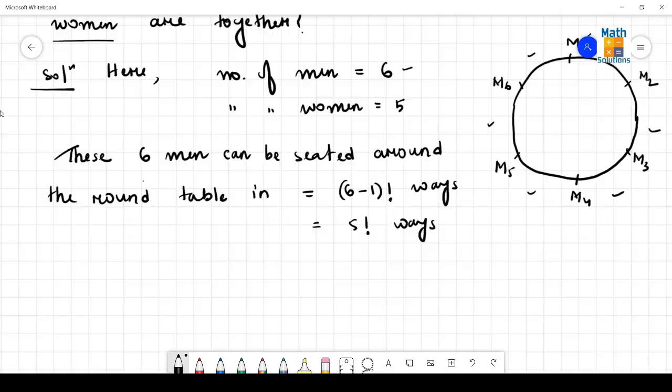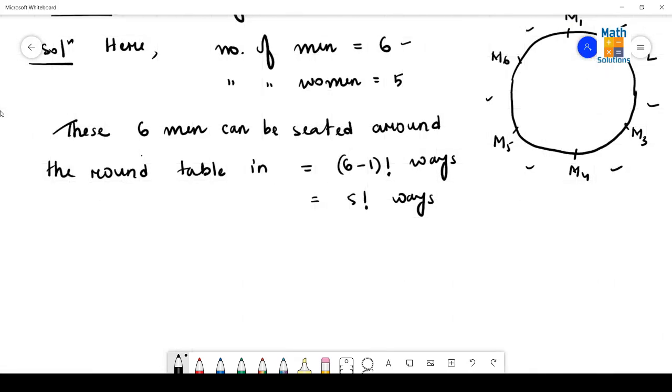So I am going to write, since no 2 women can sit together.